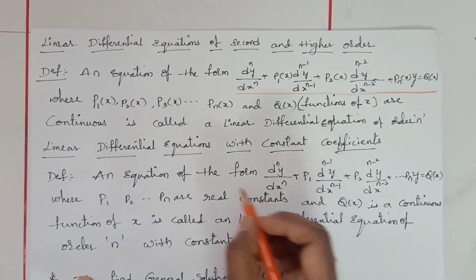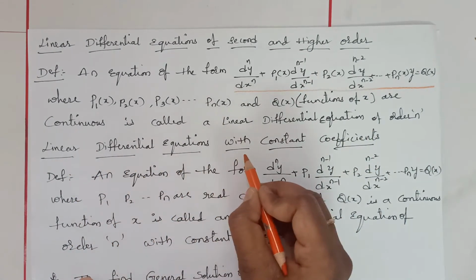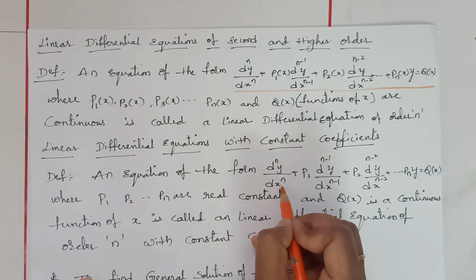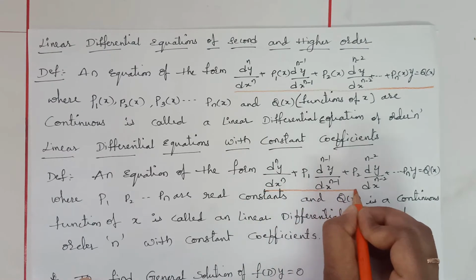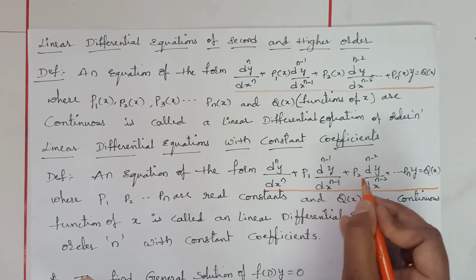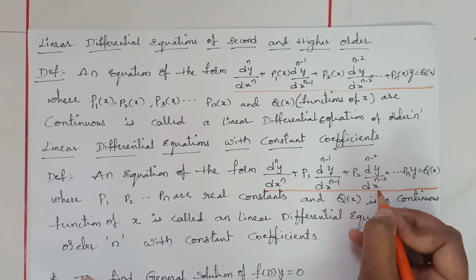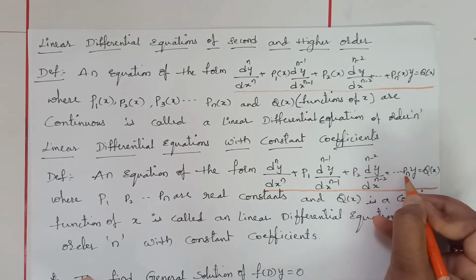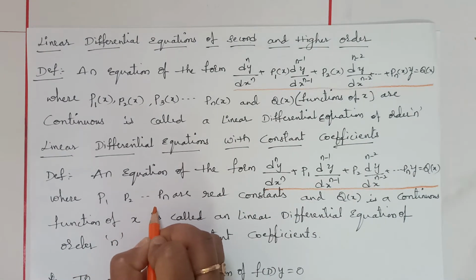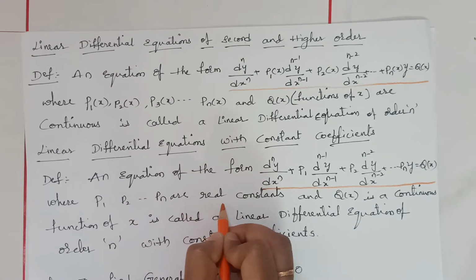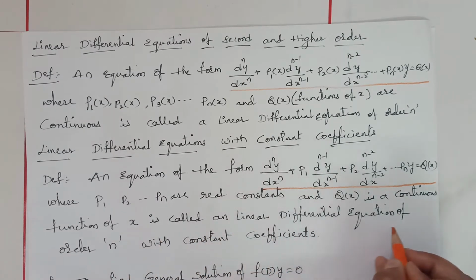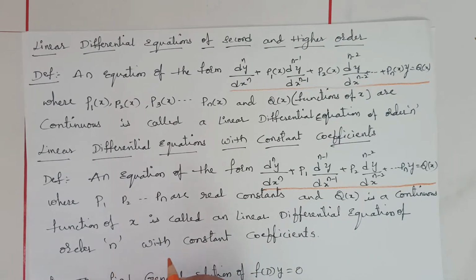Here we have a definition for linear differential equations with constant coefficients. An equation of the form d^n y/dx^n + p1 d^(n-1) y/dx^(n-1) + p2 d^(n-2) y/dx^(n-2) + and so on + pn y = q(x), where p1, p2, p3 and so on up to pn are real constants and q(x) is a continuous function of x, is called a linear differential equation of order n with constant coefficients.